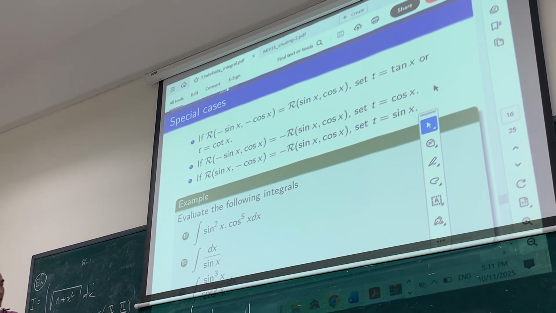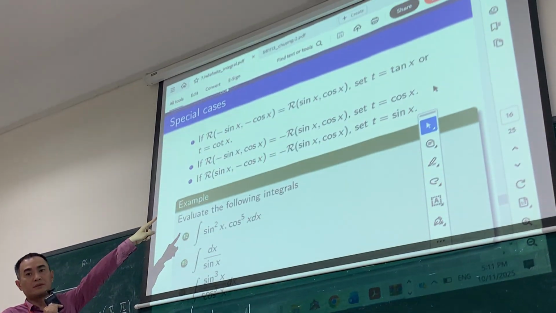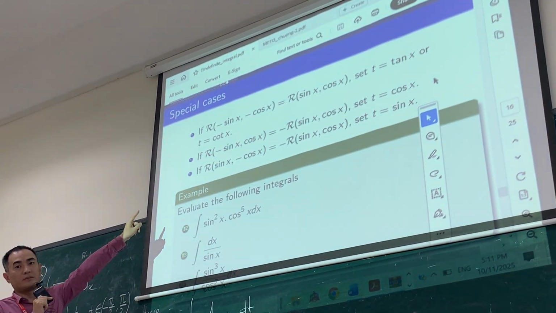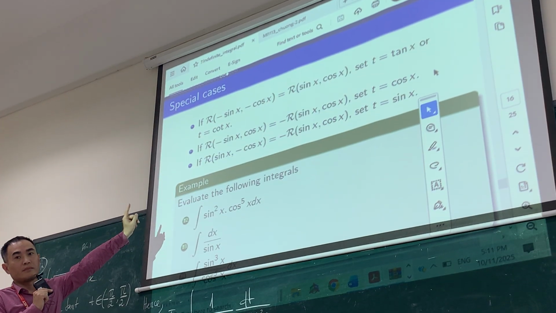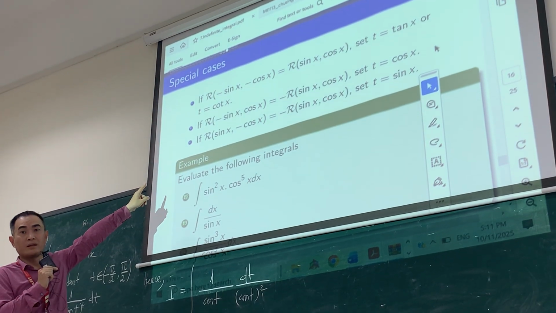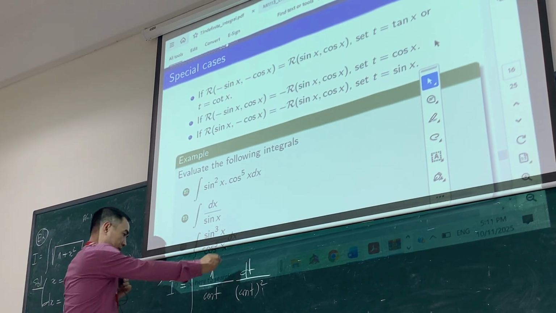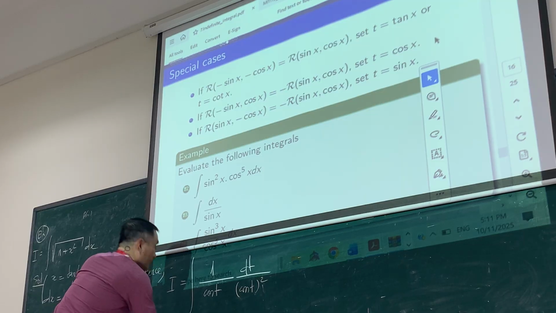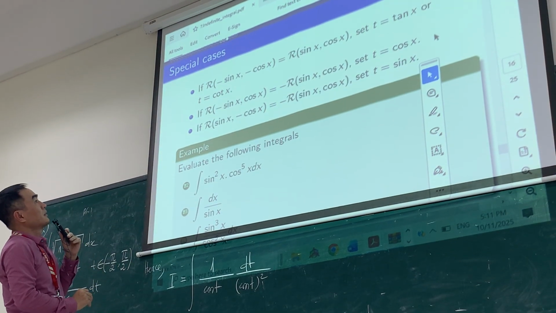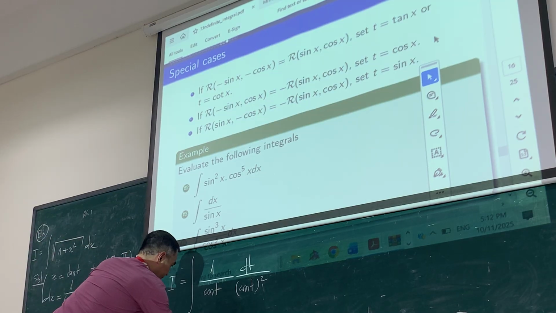Now, in trigonometric form, which condition does it belong to? The third condition. Okay, so here you can take x equal sin t.